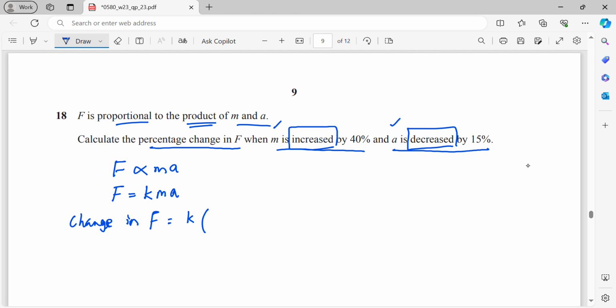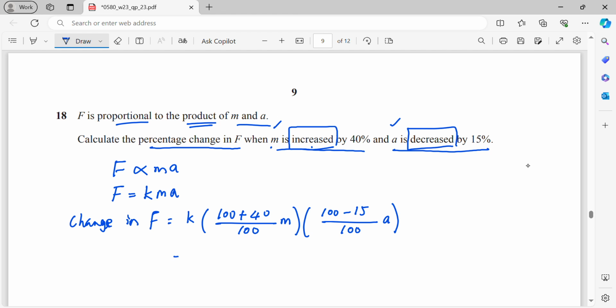Because m is increased by 40%, that means initially 100%, but because of the increase, we plus 40, over the initial percentage of m. This is the change in m. And then a decreased by 15%. Initially 100% for a, and decrease means minus, so you minus 15, then over 100 and multiply with a.